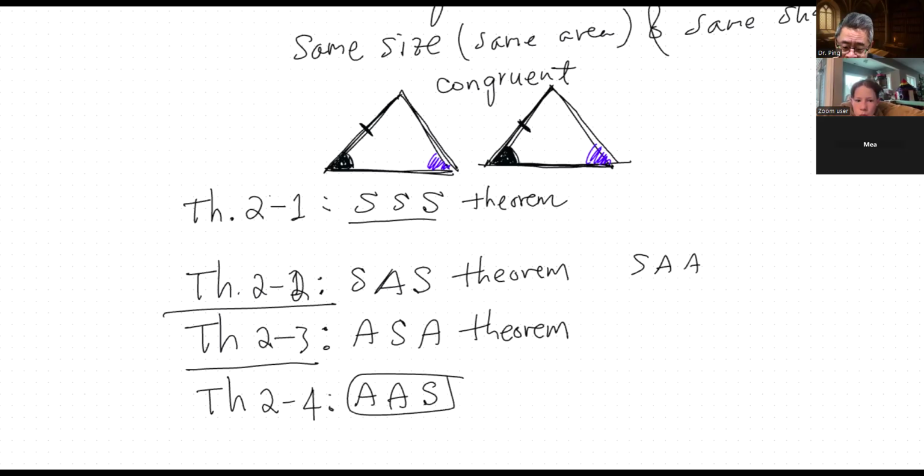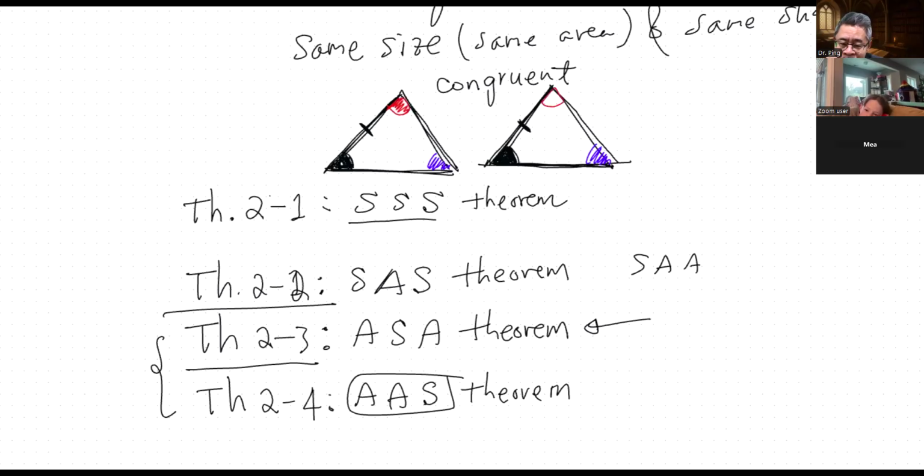Now this one is actually a simple case from the previous theorem, so sometimes they put them together as one. If this angle and that angle, the red angle and the black angle, are congruent, and the blue angle is congruent, then because all three angles add together to 180, this angle is automatically congruent.